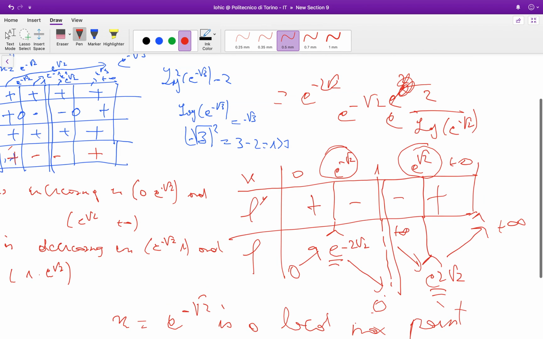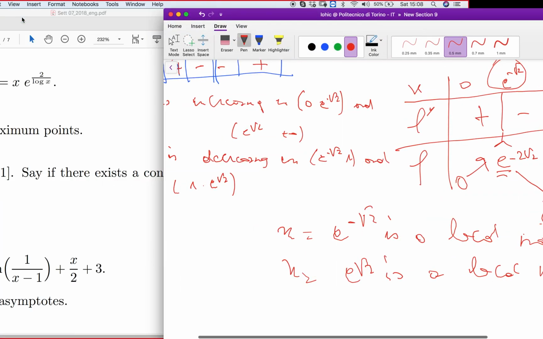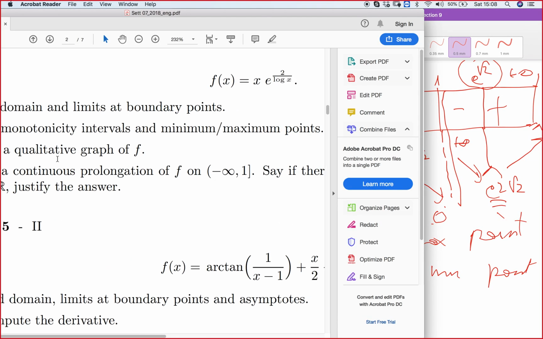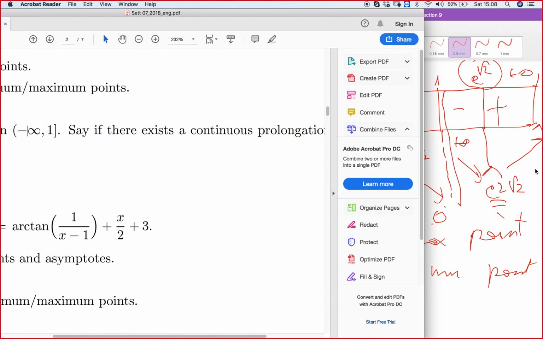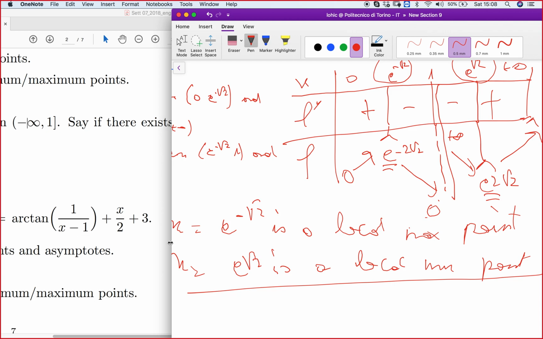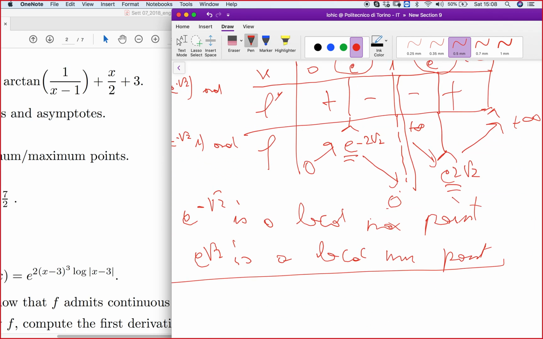Questions? Okay. Nice. Then draw the qualitative graph of f. So we need to draw the graph.